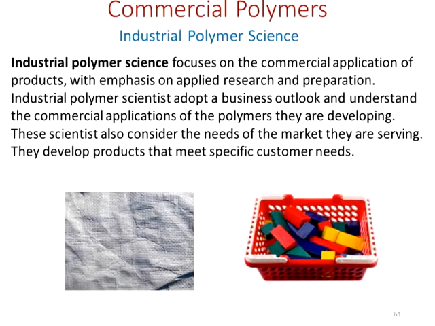So now, industrial polymer science focuses on the commercial application. And when you talk about commercial application, the bottom line is, where can you sell it? Where can you make money using it? Okay? All right? So that's very, very important when we think about industrial polymer science.